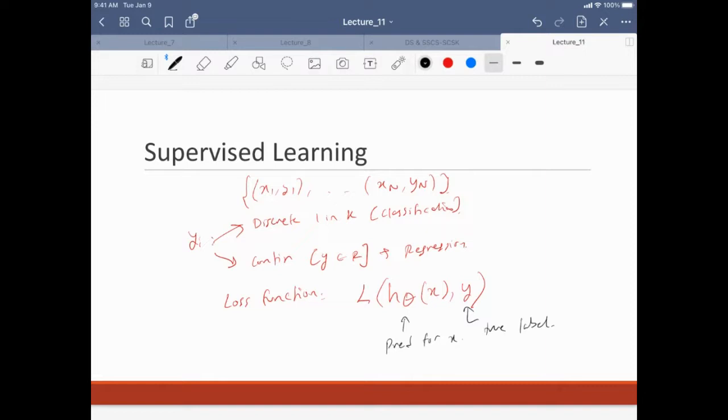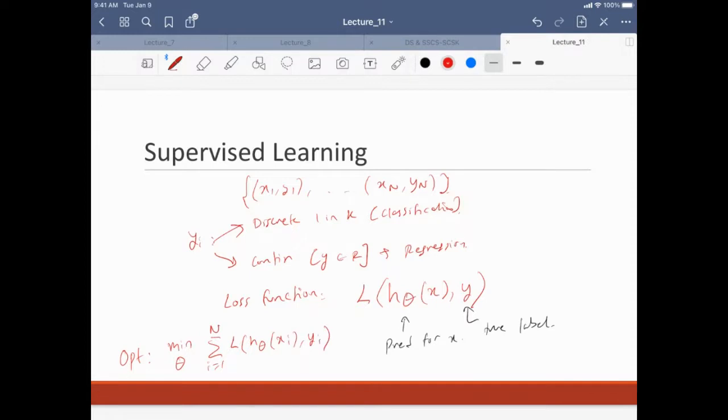And the optimization problem would be where you try to minimize on your training set. So you take i from 1 to n, and you are taking your loss function of h theta of xi comma yi.